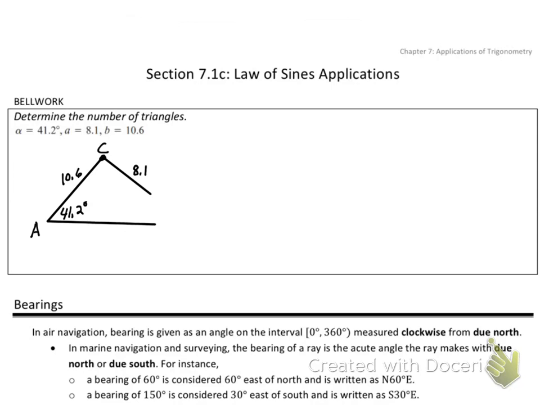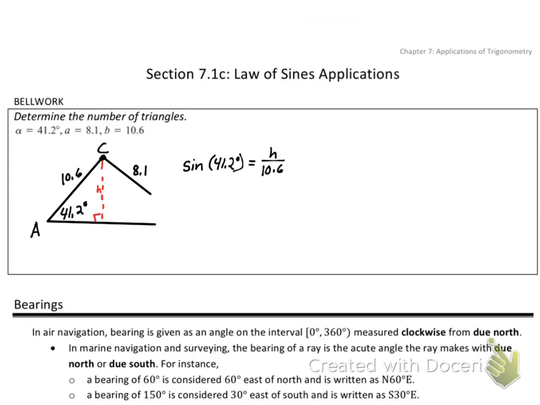Is my dangling arm longer than my fixed arm? No, it is not, so that means I need to find the height. And our height is going to create a right angle. So we do have a right triangle here. So we can use sine to get our opposite over hypotenuse. So we have sine of 41.2 degrees equals opposite, which is h, over our hypotenuse, which is 10.6.